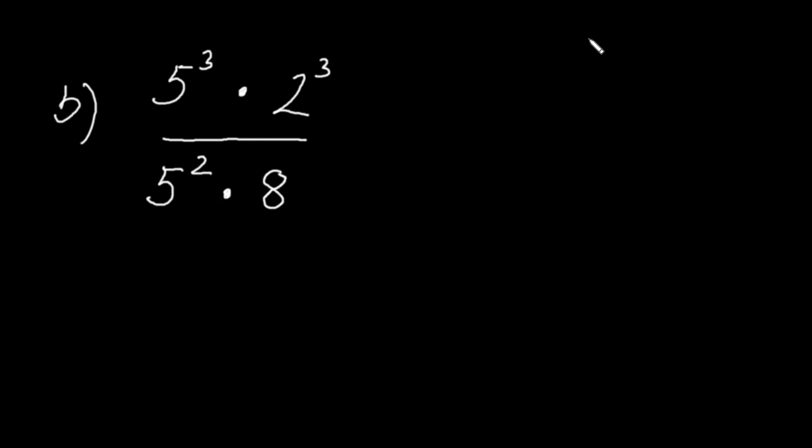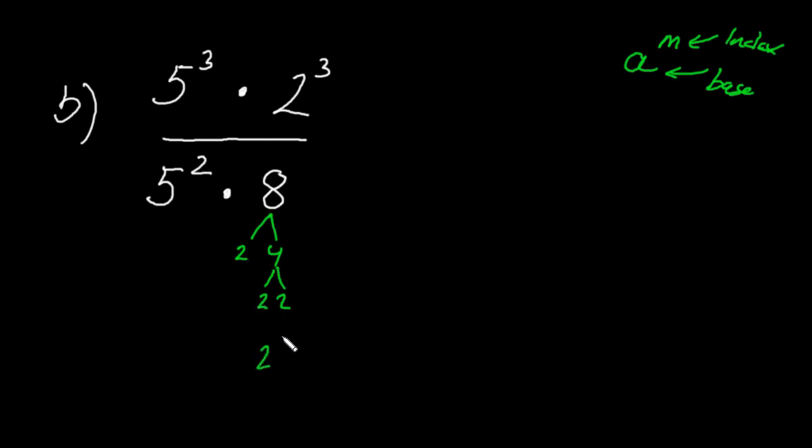Remember, we want to get 8 into the form a to the m, right? That would be our index form, where a would be our base and m would be our index. So we know that 8 is equivalent to 2 times 4, and that 4 is 2 times 2. So 8 is 2 times 2 times 2, which is 2 cubed.